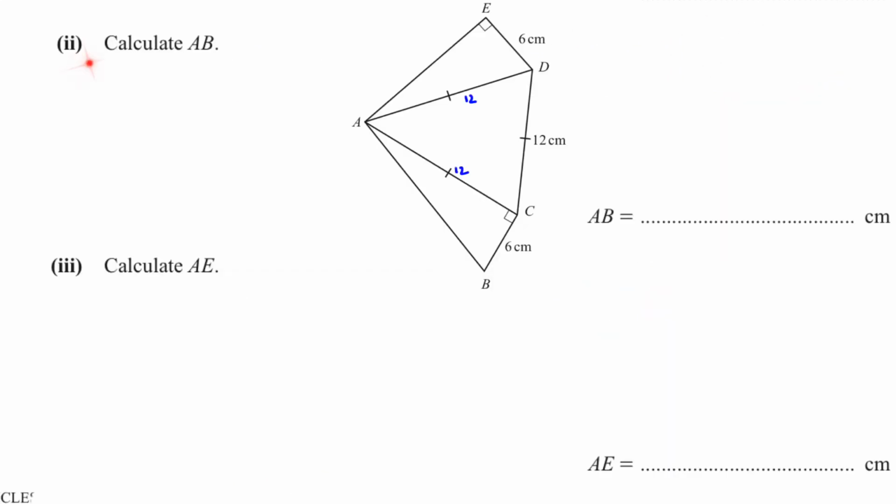In part 2, calculate AB. So this is AB. When two sides are given to you and you want to find the third side, we use the Pythagoras theorem. The Pythagoras theorem is a square plus b square is equal to c square, where c is your hypotenuse. In this triangle, AB is your hypotenuse. The side opposite to your right angle is your hypotenuse.